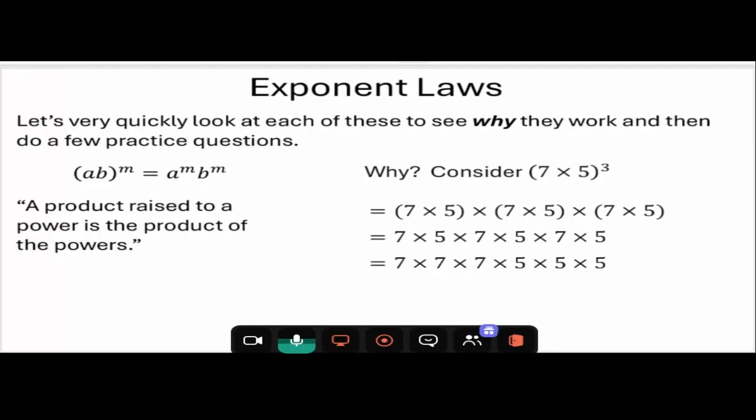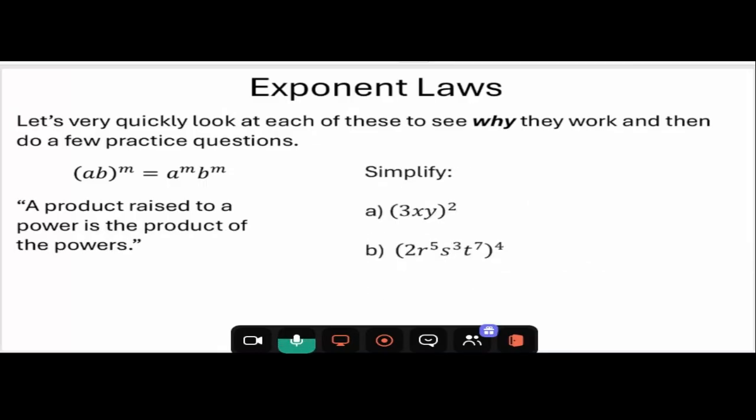So that's 7 times 7 times 7 times 5 times 5 times 5. Well, wait a minute. That's just 7 cubed times 5 cubed, right? So again, this is not how you would do the question. This is just me showing you why the rule works, right? So we see that we had 7 times 5 cubed, but it turned out to be no different than 7 cubed times 5 cubed. So the product to a power is the product of the powers.